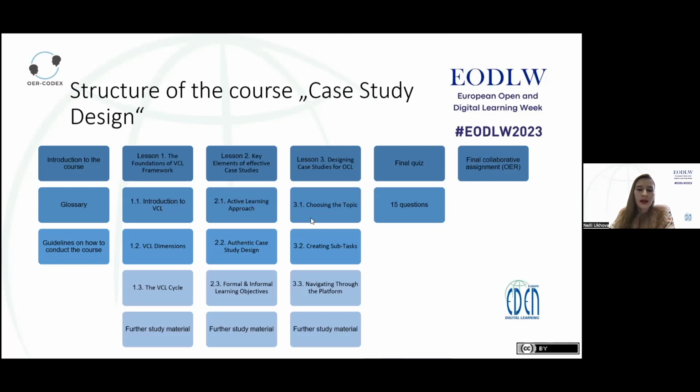We would tackle the formal and informal learning objectives, and then go over to lesson number 3, in which we will show you an exemplary case study that we created 1 year ago at our chair, and you will go through every single step of the choice of the topic, of how to create subtasks, on how to navigate through the platform, or on how it actually works in practice when the students get together and start working on the case.